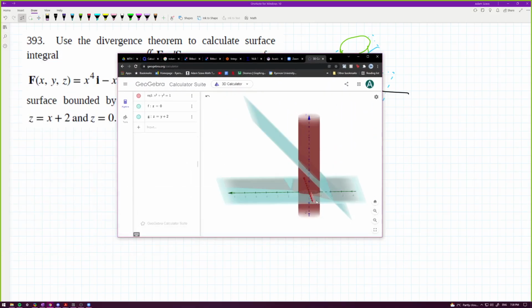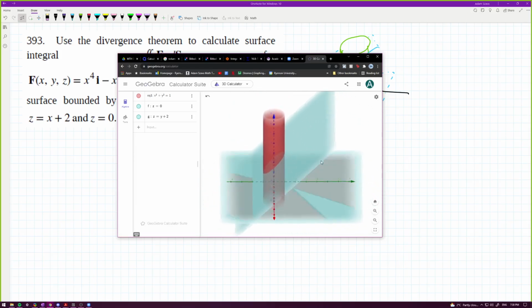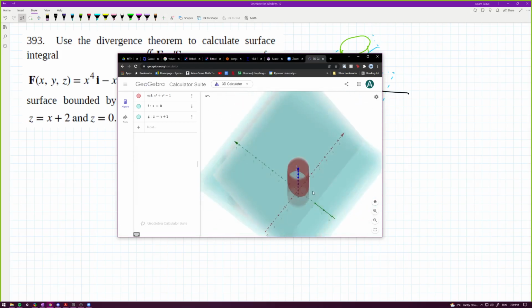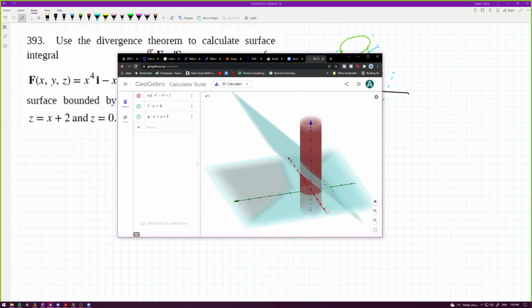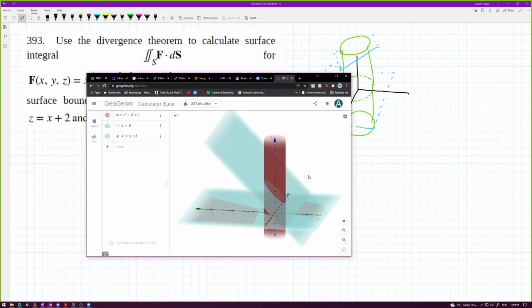It looks approximately like this. Again, it doesn't matter exactly the angle of that. We're not using the picture to solve anything, but it's just helpful to look at. So generally, what we're trying to find is the surface integral for this. Let me take a screenshot quickly. That looks pretty good.